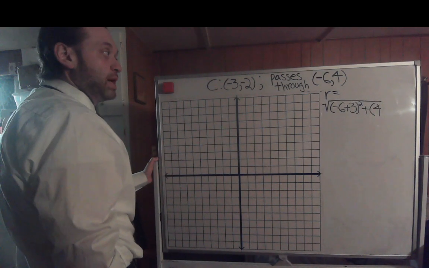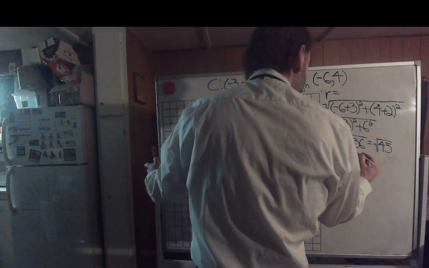Well, 4 minus -2 turns into 4 plus 2, that quantity squared. So that's going to equal the square root of -3 squared plus 6 squared, which gives you the square root of 9 plus 36, which would give you the square root of 45. Which means your radius is really equal to 3 times the square root of 5.